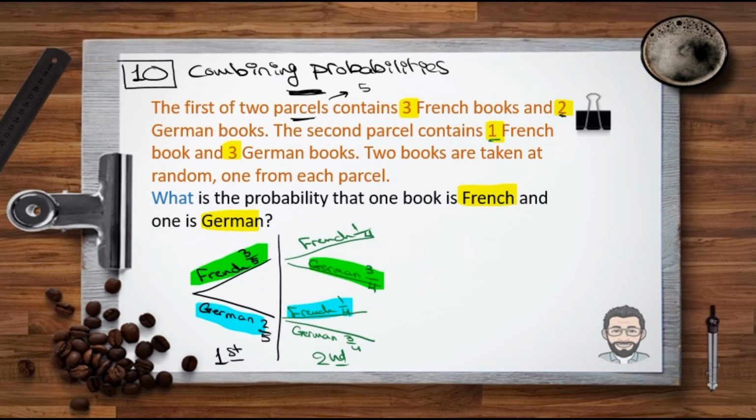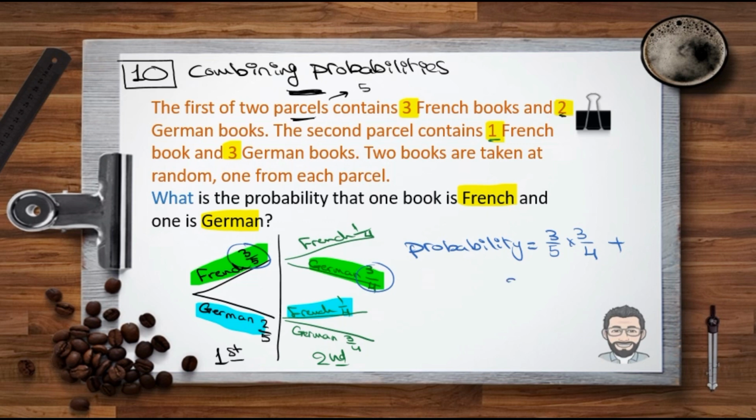Again, how can you find the answer? So the probability here equals this times this, like the previous question. 3 over 5 times 3 over 4, plus multiply these, French, German and French.